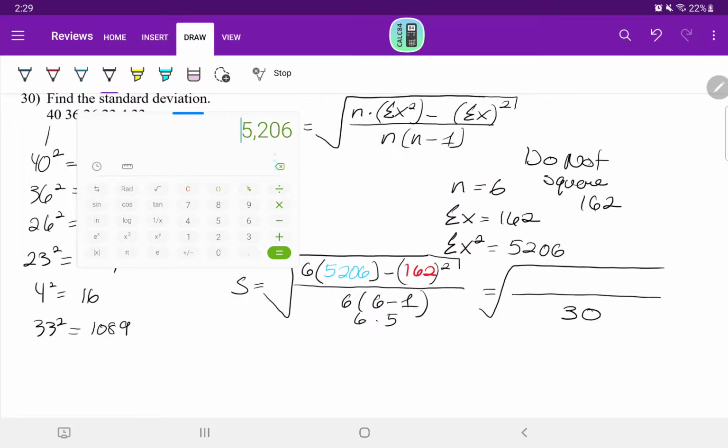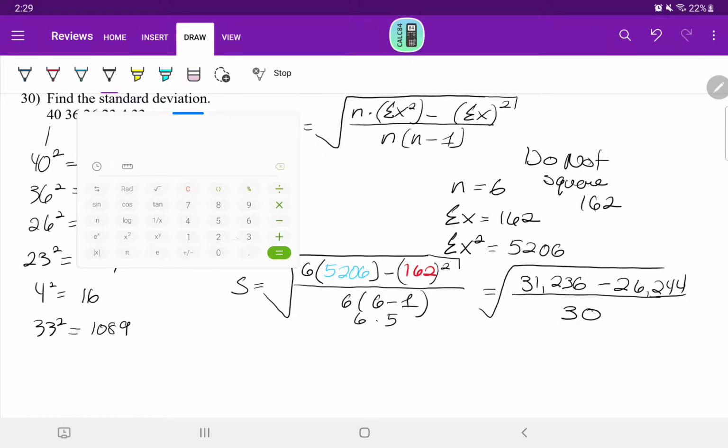6 times 5,206 is 31,236. 162 squared is 26,244.